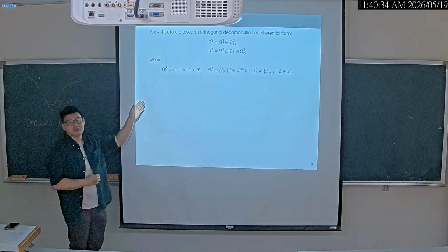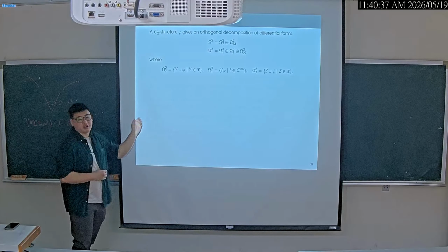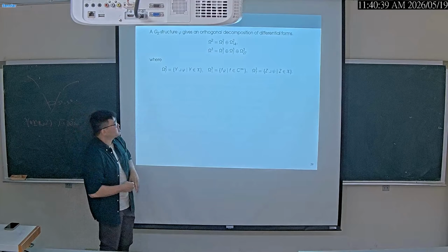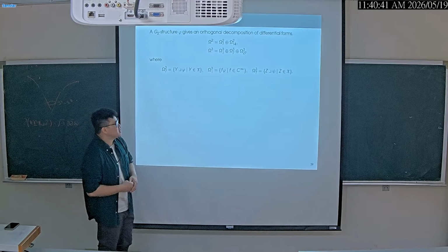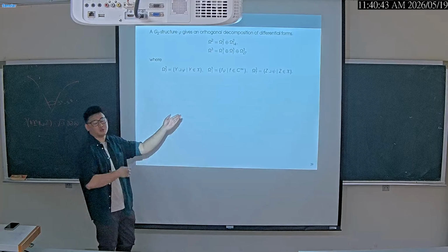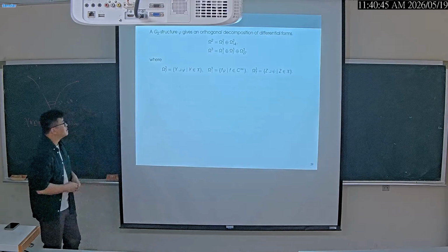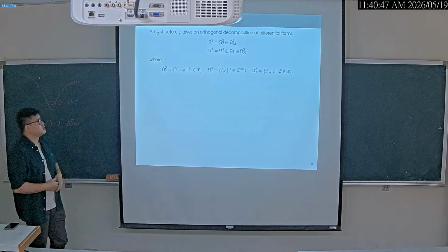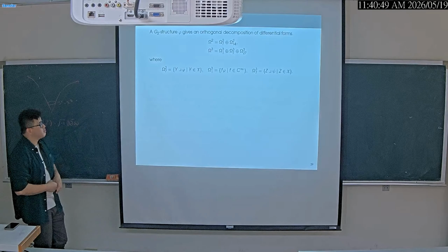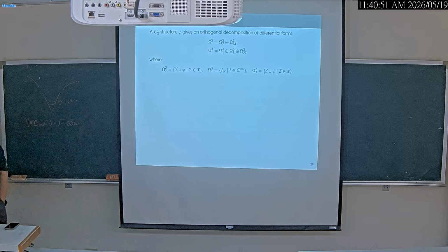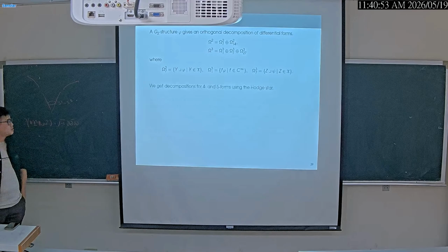It's what happens when you take a vector and hook it into phi. Your Λ^3_7 are also vector fields. It's what happens when you take a vector field and hook it into psi, that's the dual, the star of phi. And then Λ^3_1 are really just multiples of phi. And you can get decompositions for 4 and 5 forms using the Hodge star.